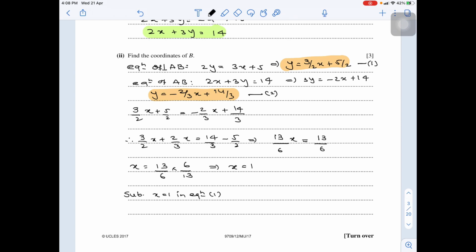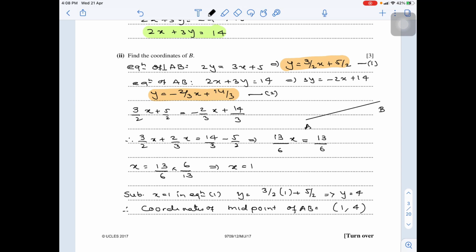Now substitute x equals 1 in equation 1. I get y equals 3 over 2 times 1 plus 5 over 2. 3 over 2 plus 5 over 2, which is 8 over 2. So y is 4. Therefore, coordinates of midpoint AB are 1, 4.